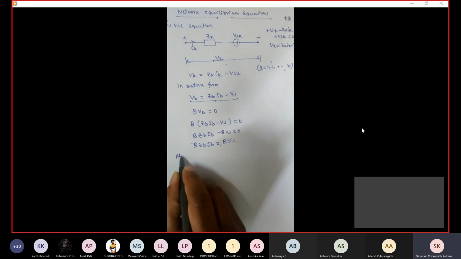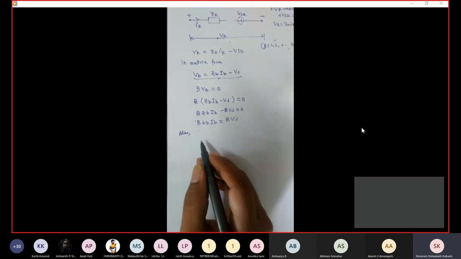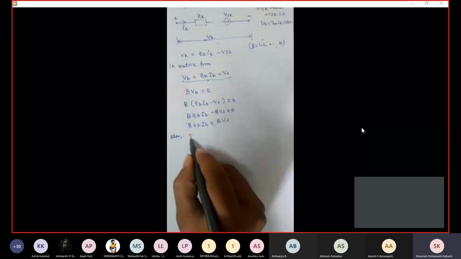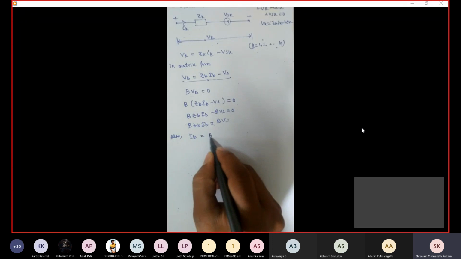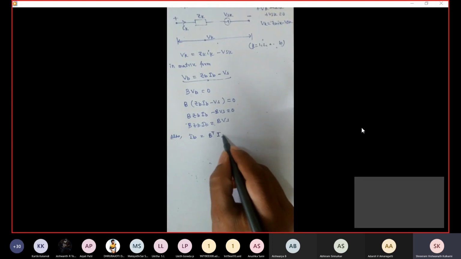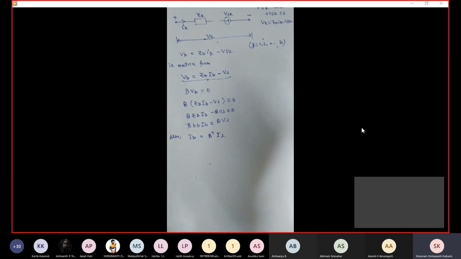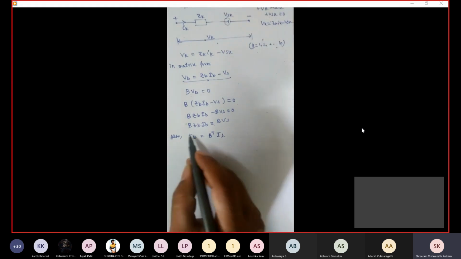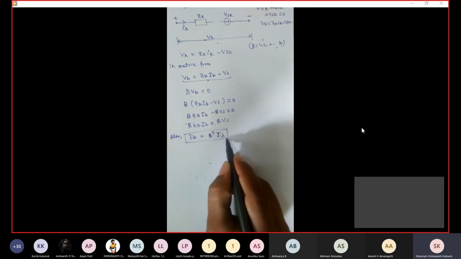Then also we know Ib is equals to B transpose IL. This one we need to remember.